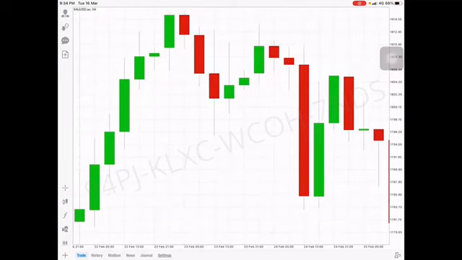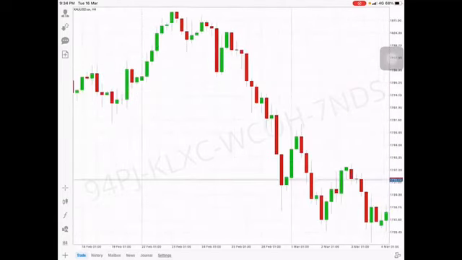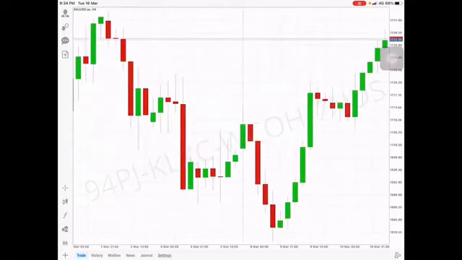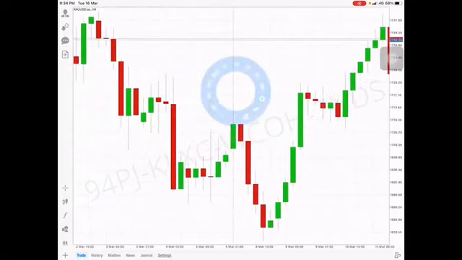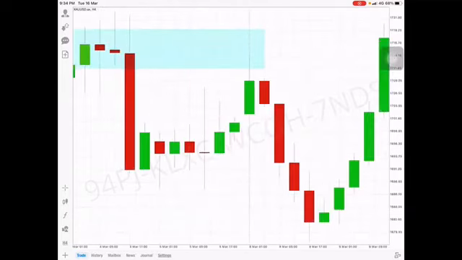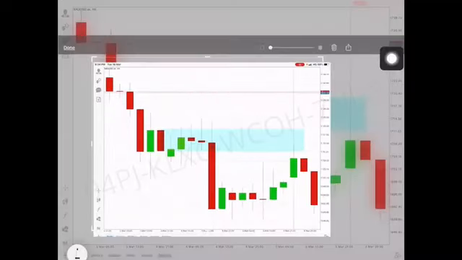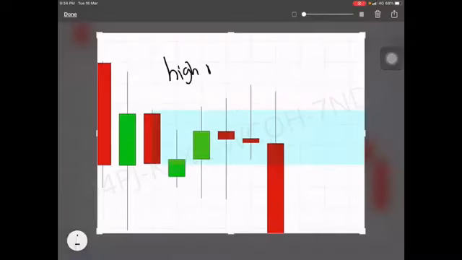Okay. So let me show you some examples. After you have learned how to mark the engulfing, the normal engulfing, let's say for this one, take a look at this. Do you see, is this a high risk or is it a low risk?